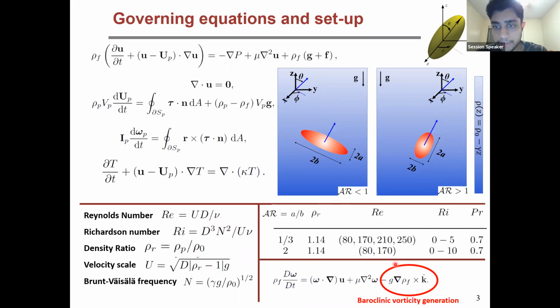And one more important term to note is this baroclinic vorticity generation term, which comes in the vorticity equation because of the misalignment of equal density lines with the z direction.